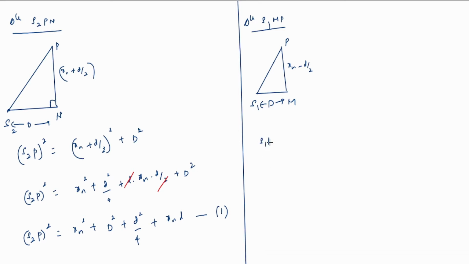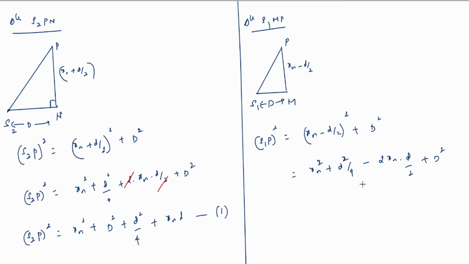Then S1P the whole square is equal to xn minus d by 2 the whole square plus capital D square, which is equal to xn square plus d square by 4 minus 2 times xn into d by 2 plus capital D square.